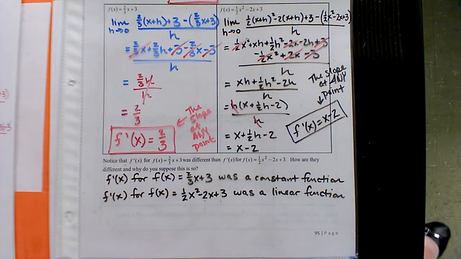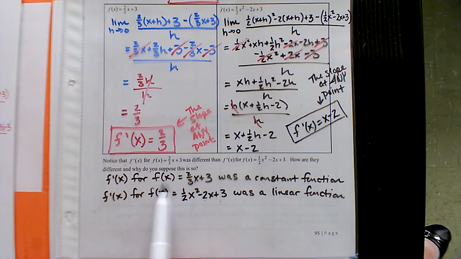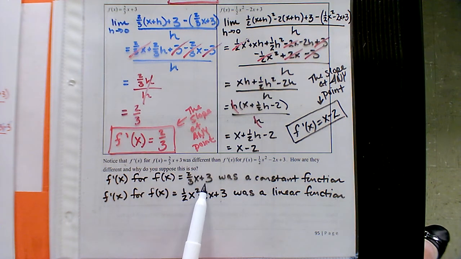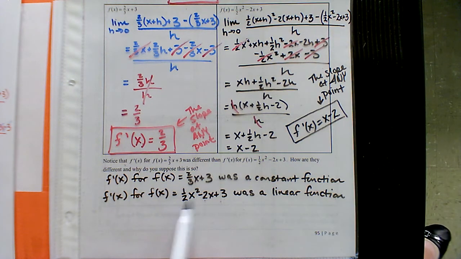In our first block, the original function was linear, 2/3 x plus 3, and when we found the derivative, it changed to a constant. In the second block, the original function was quadratic, and notice how the derivative was linear. Can you make a connection between the function you start with and what its derivative should be?